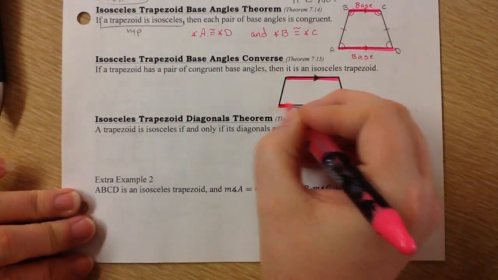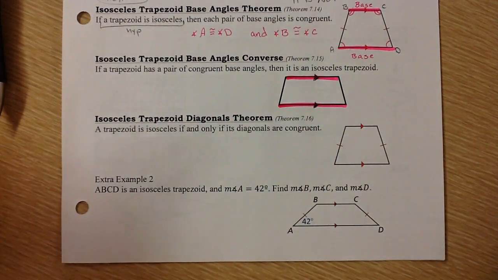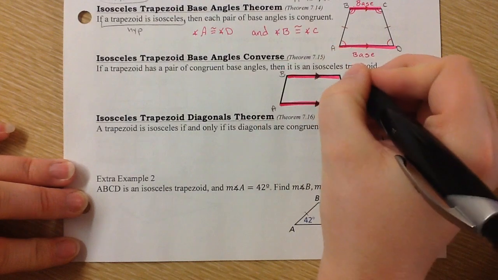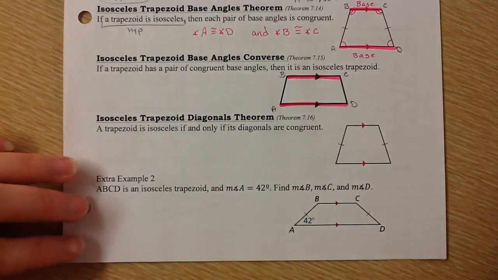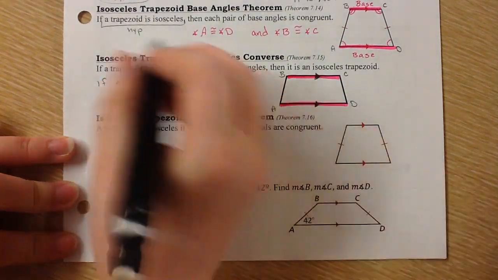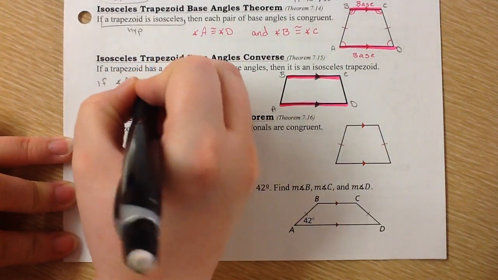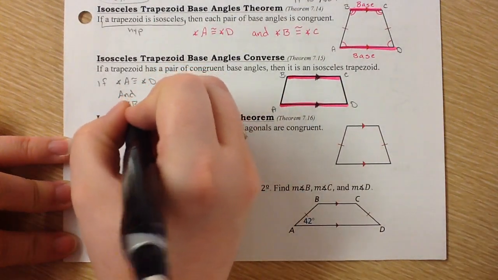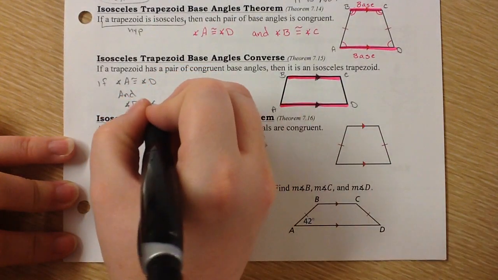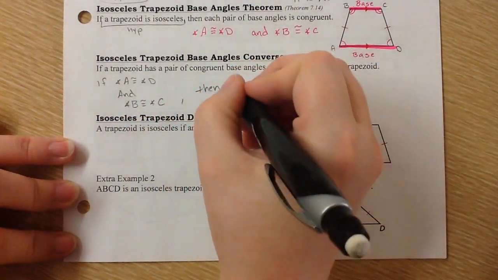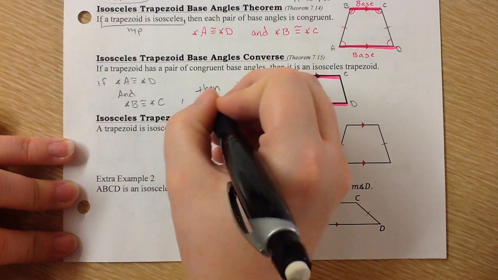Again, let's label these points A, B, C, D. If I know these base angles are congruent, meaning angle A is congruent to angle D and angle B is congruent to angle C, then I know it's isosceles.